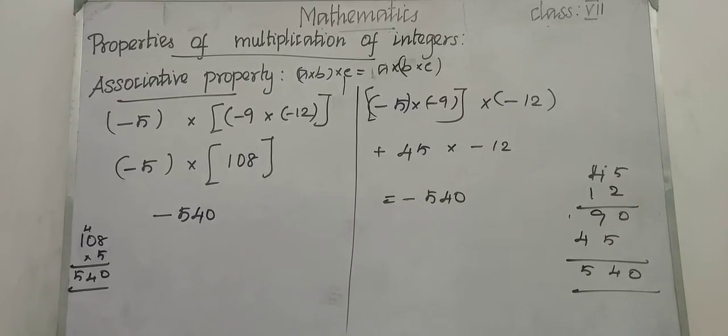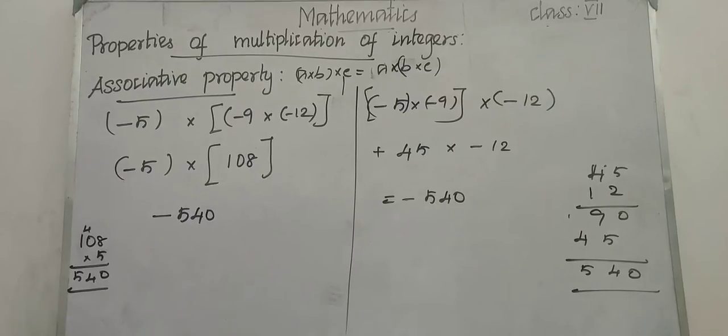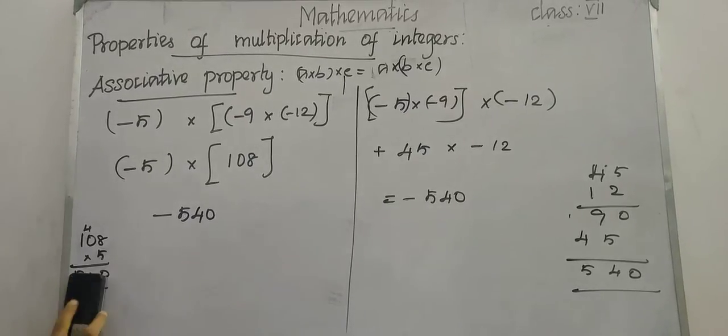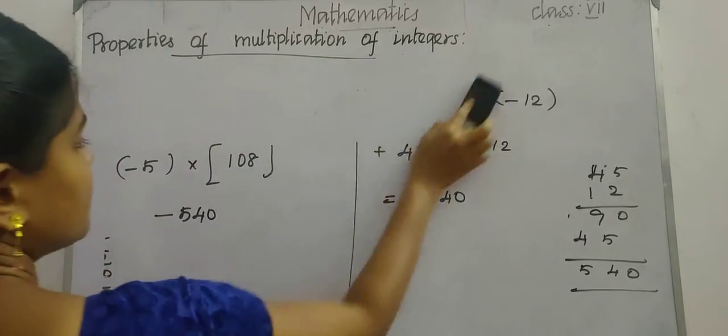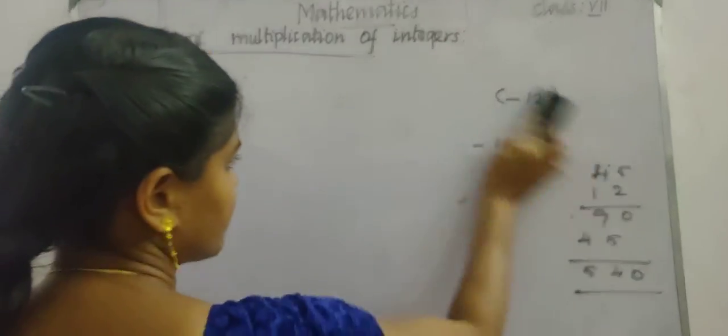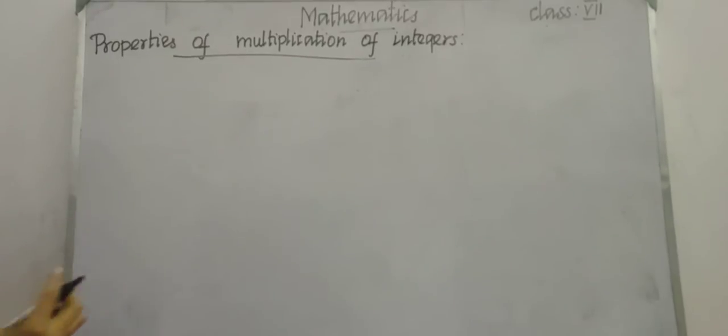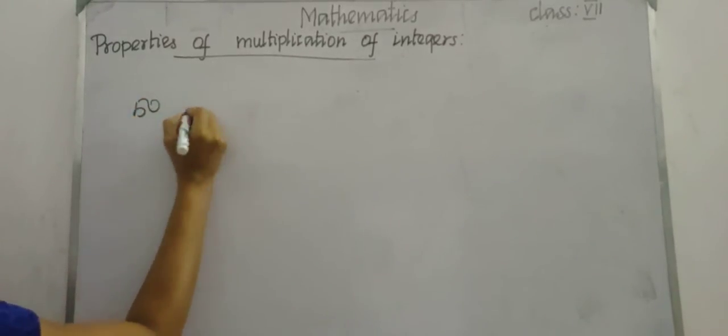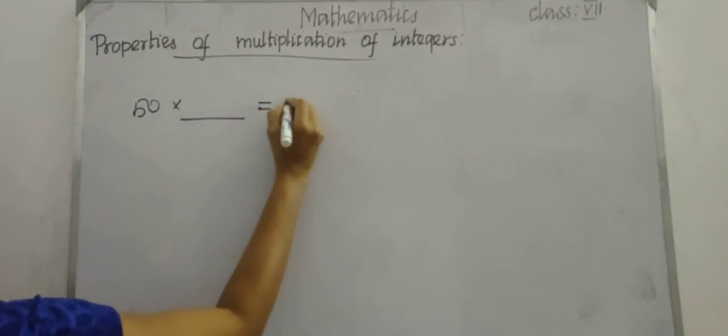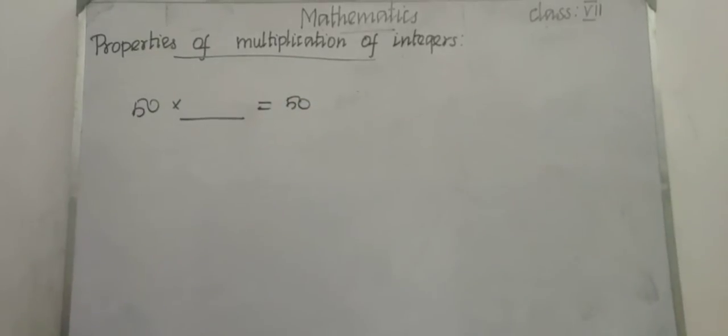And then the next is about multiplicative identity. Simply, if I am having 50 into dash equal to 50, what will be multiplied with this 50 to get the same answer 50? 1, right?